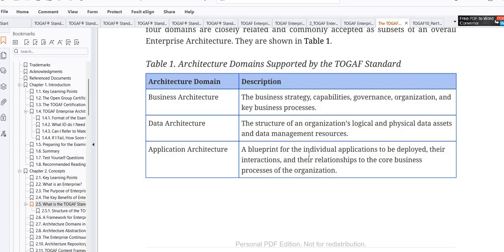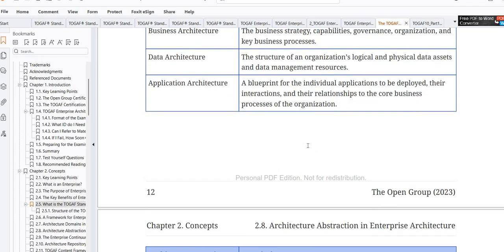When it comes to data, it is physical and logical, combined with the organization's assets. We can say data assets, like customer data, and how you are maintaining management resources. Application is about interfaces, how you interact, and their relationship with the different business processes and organization. You talk about how your business flow, interaction, and relationships work in the application architecture.